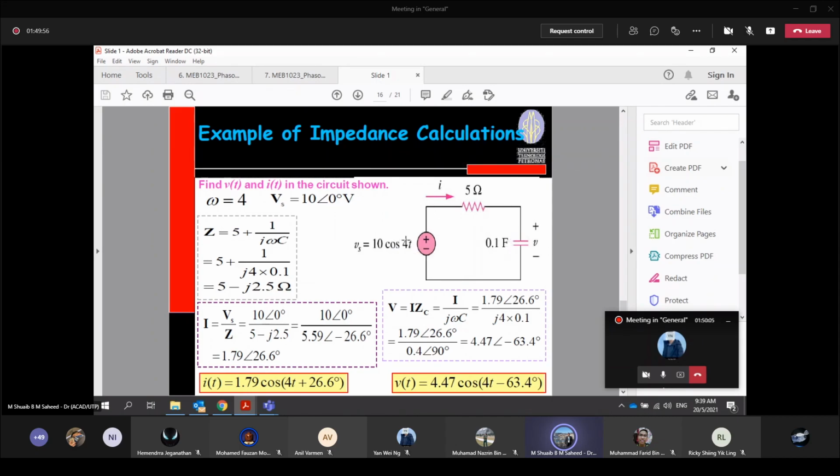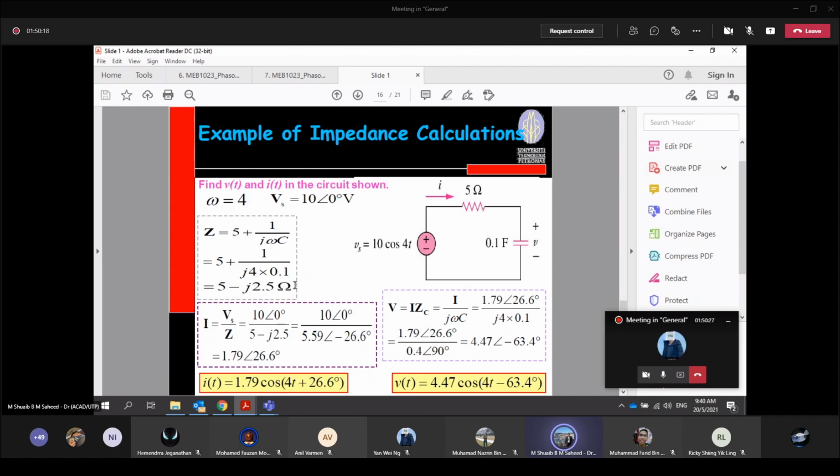First you have to find your total impedance. You can find the total impedance as 5 plus 1 over j omega C, and then simplify it and put it in rectangular form, 5 minus j2.5.